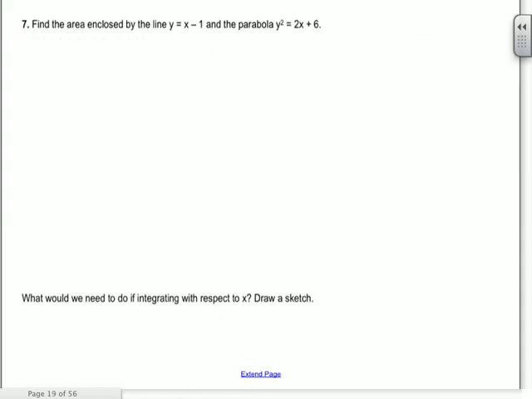All right, so 7, find the area enclosed by the line y equals x minus 1 and the parabola y squared equals 2x plus 6. If you graph it out, let's say I want to put this on my calculator. I'm going to let my y1 be x minus 1. My y2 is going to be the square root of 2x plus 6. You need plus or minus, so y3 has to be negative square root of 2x plus 6.